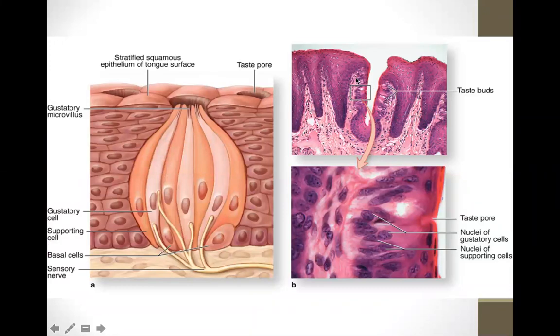Now, we say that taste is lost when one has COVID-19. Not necessarily all COVID-positive patients have loss of taste. Most prominent still is the loss of sense of smell. In this picture, you have your gustatory microvilli, and these are the nuclei of the gustatory cells or of the supporting cells of your taste buds.